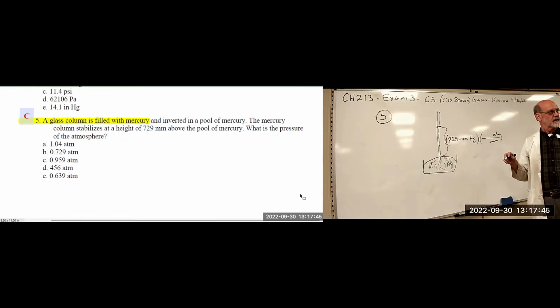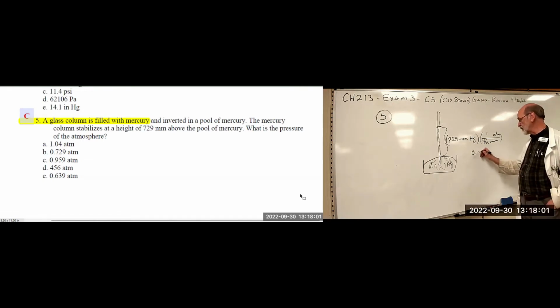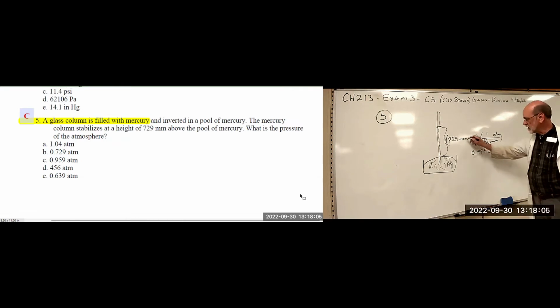Remember? 760. So you divide 760 into that, and it's a little bit less than 1. And as it turns out, it's 0.959 atmospheres. That's because this cancels that and leaves you with atmospheres.